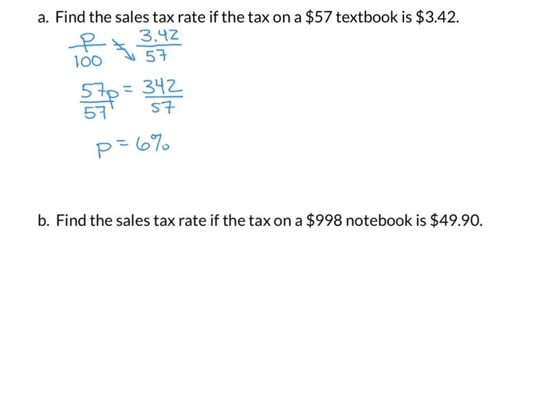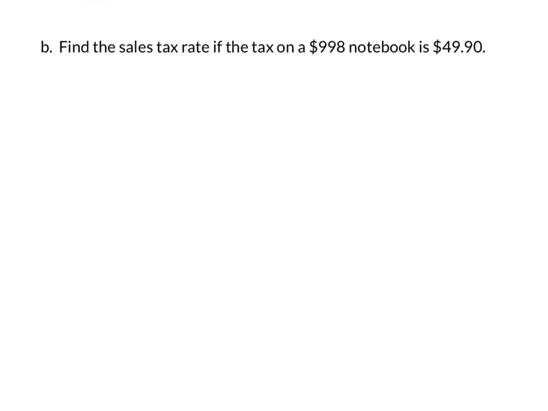All right, let's try one more. We want to find the sales tax rate if the tax on a $998 notebook is $49.90. When we set up our proportion, we get P over 100 equals the amount of the tax, $49.90, on top, and the original price, $998, goes on the bottom.